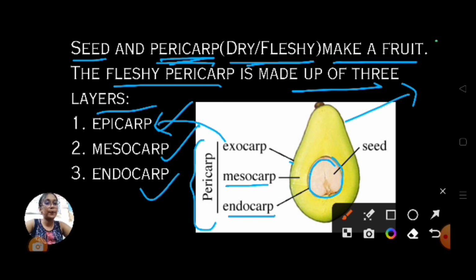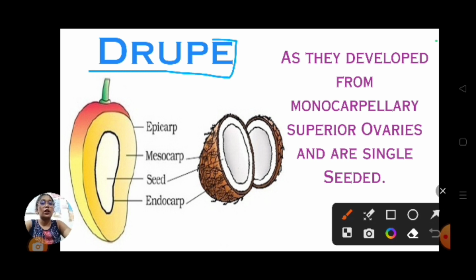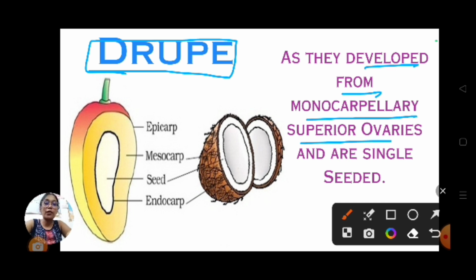Then moving on to the next slide. What do you mean by drupe? There is a terminology called drupe, as they develop from a monocarpellary superior ovary and are single seeded.